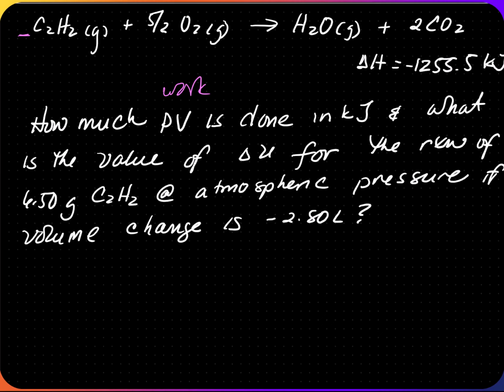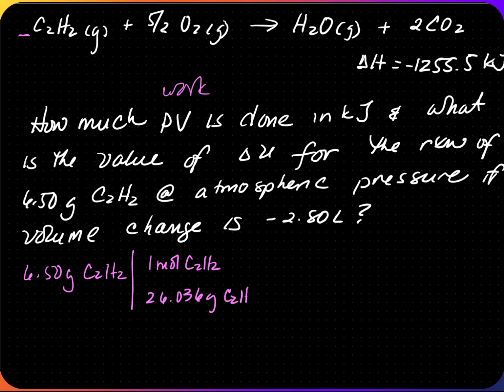So the first thing is we need to find delta H, because we don't have 1 mole. We started with 6.50 grams of C2H2. So starting with 6.50 grams of C2H2, we know that 1 mole of C2H2 is equal to 26.036 grams of C2H2.